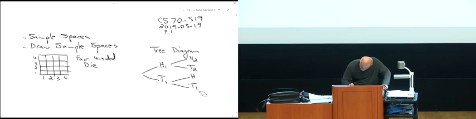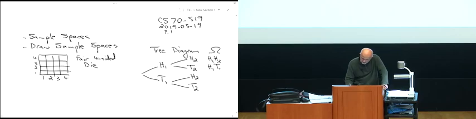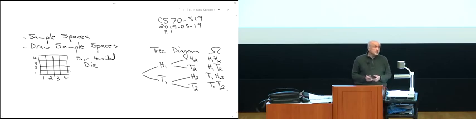And here I messed up. H2, T2. And my sample space will consist of a bunch of these sample points, 4 of them in particular. So I've got heads on the first flip, tails on the second, tails on the first flip, heads on the second, both tails.